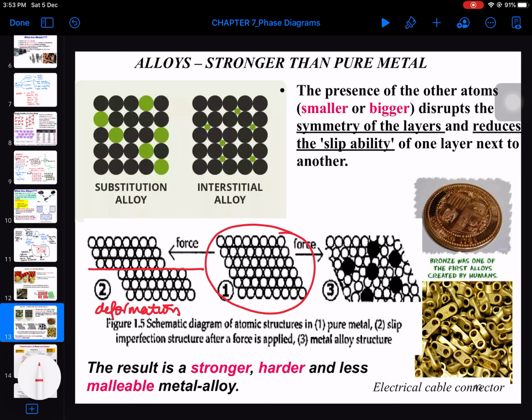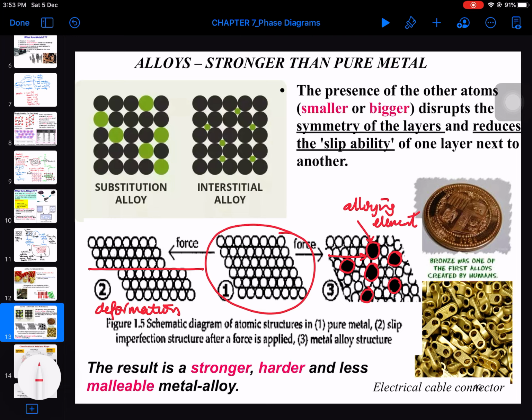But if we have the alloying elements in between the host atoms, once we apply force, the force will try to go through the plane of reference, but once it comes across the alloying element, it either stops or is slowed down.